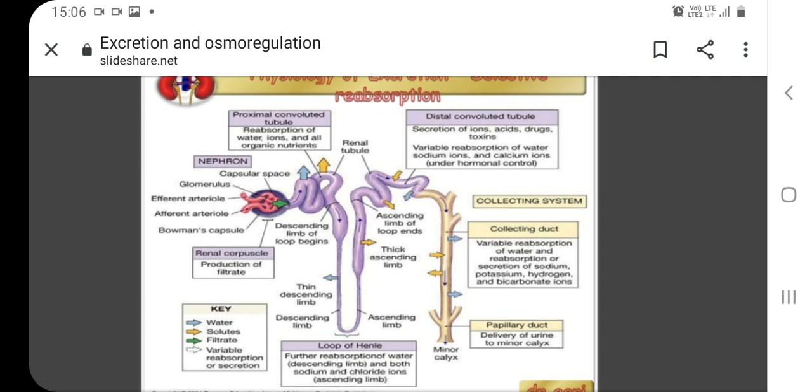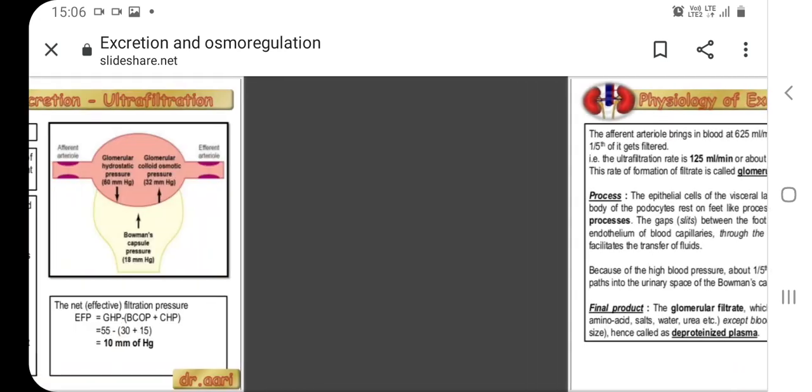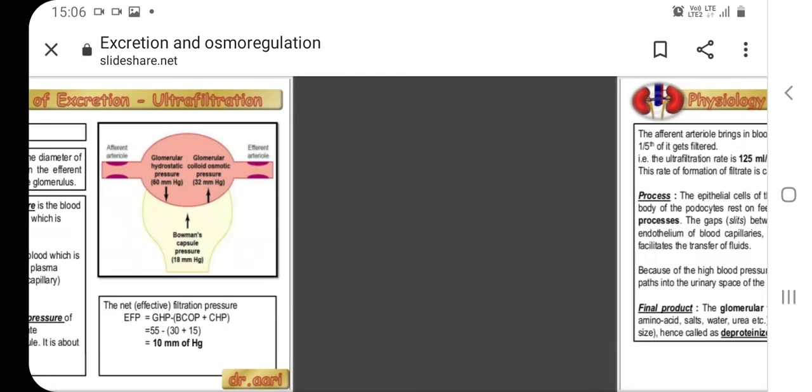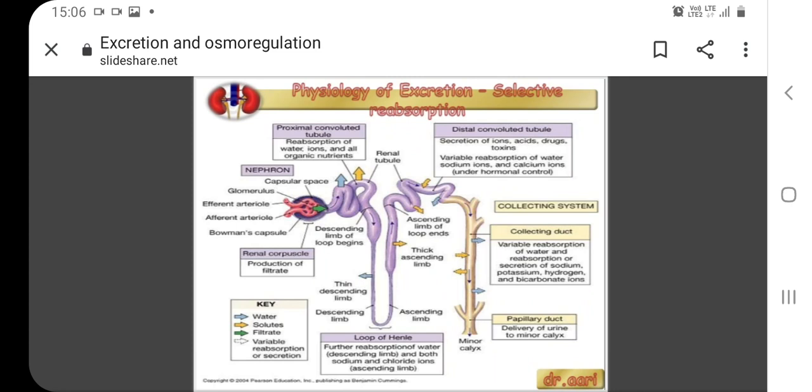In the previous lecture we calculated 55 minus 30 plus 15, so it came out to be 10 mm. So we know that the glomerulus forces small solutes out of the blood by pressure.